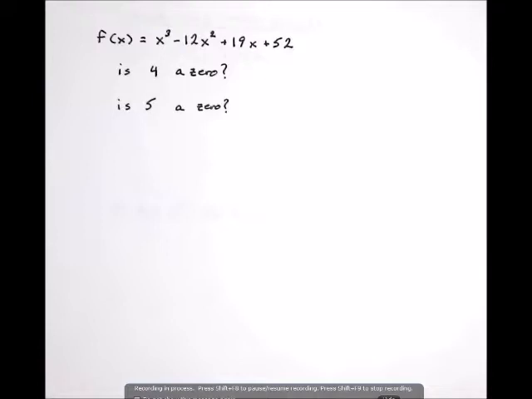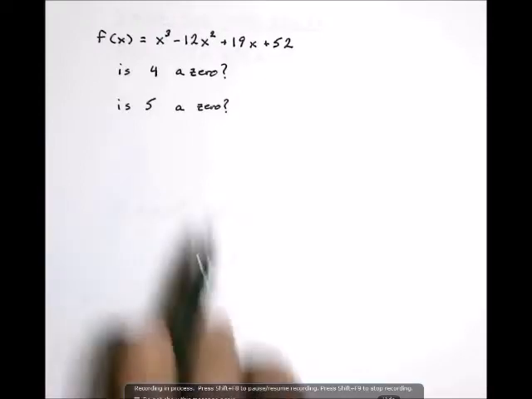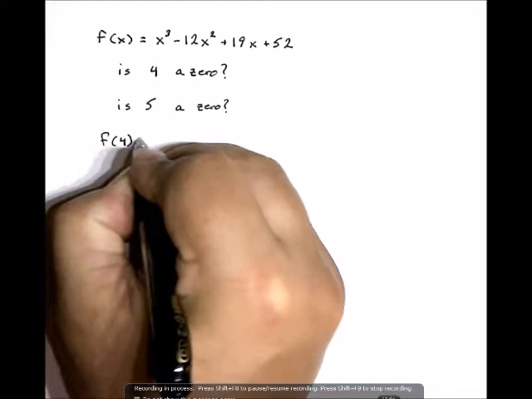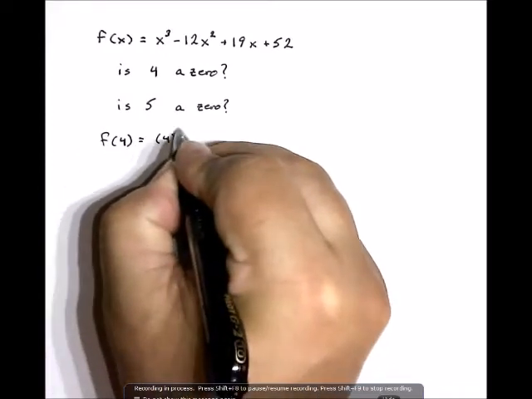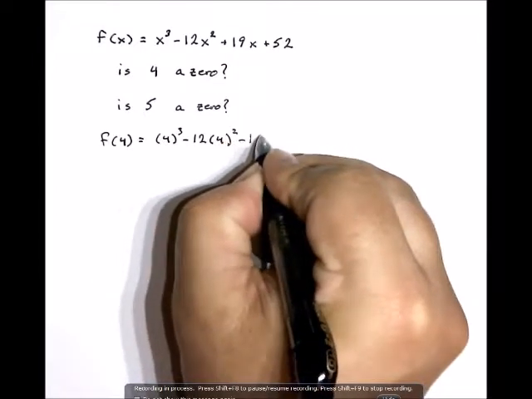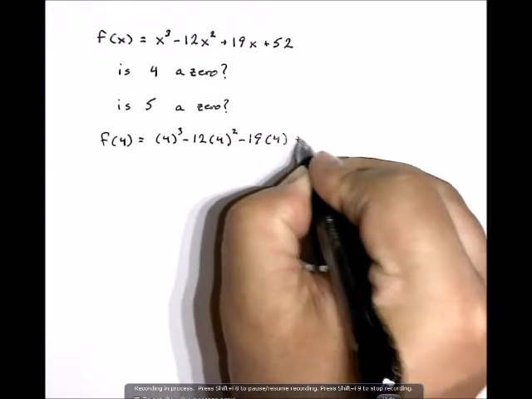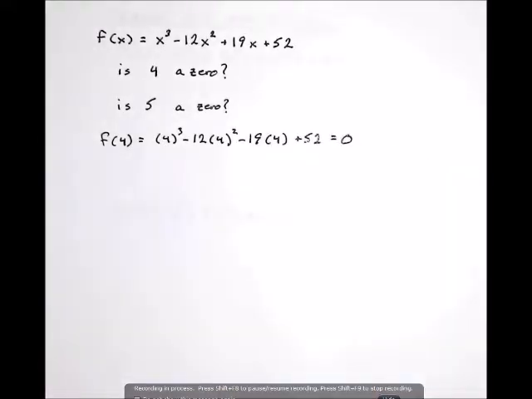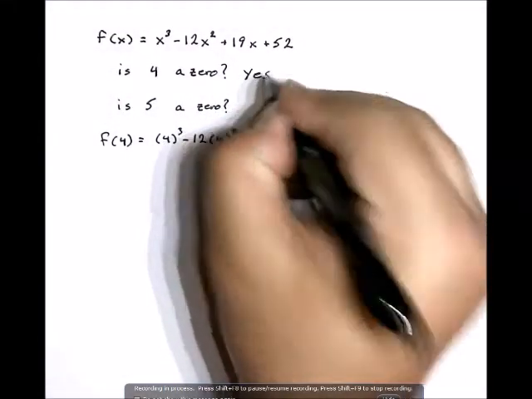Okay, the next type of question you're going to be asked is you're going to be given some function and you're going to be given some number and asked whether or not it is a zero. These are fairly straightforward. All you're going to do is plug 4 in for x. Plug that into your calculator, and if you get a 0 out, the answer is yes, it is a 0.